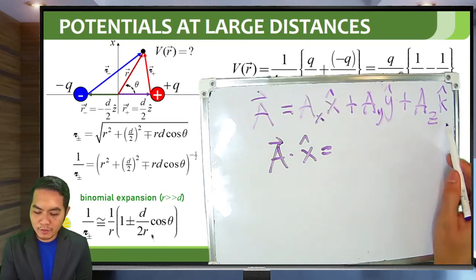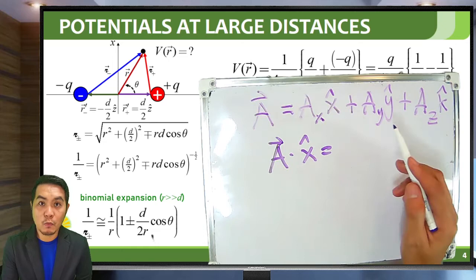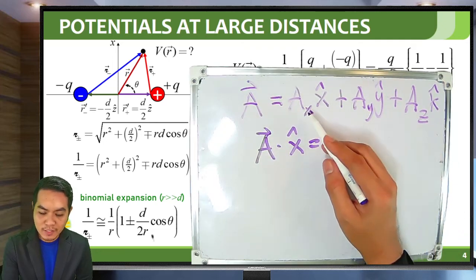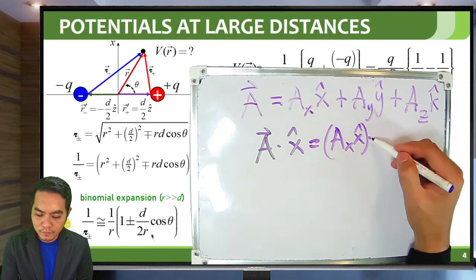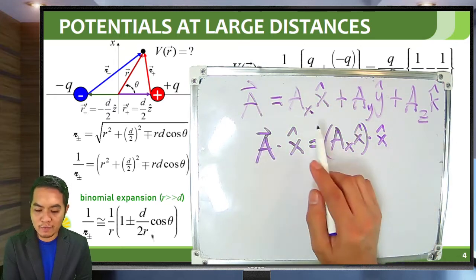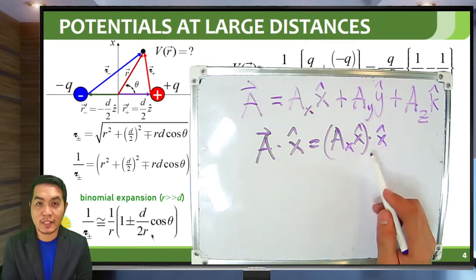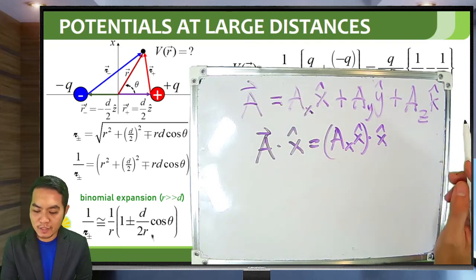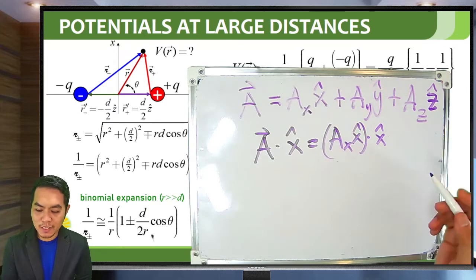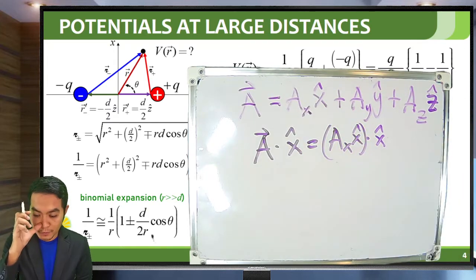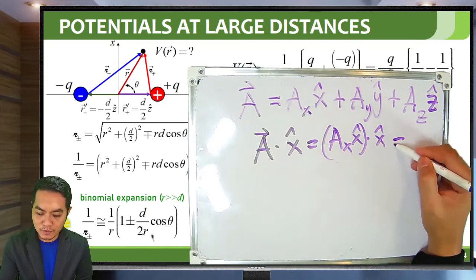Only one term will survive: ax x hat dot x hat. Ay y hat dot x hat is 0, az z hat dot x hat is also 0, and x hat dot x hat is equal to 1, so we get ax.